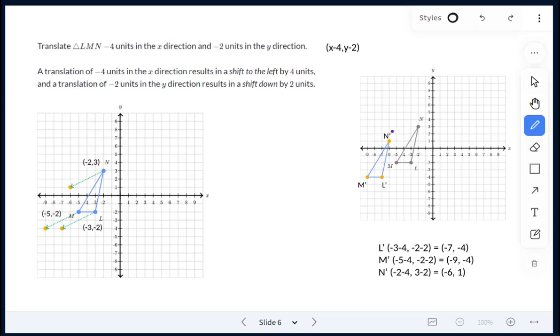And again, our new triangle is L prime, M prime, N prime, shown by those apostrophes beside the letter.